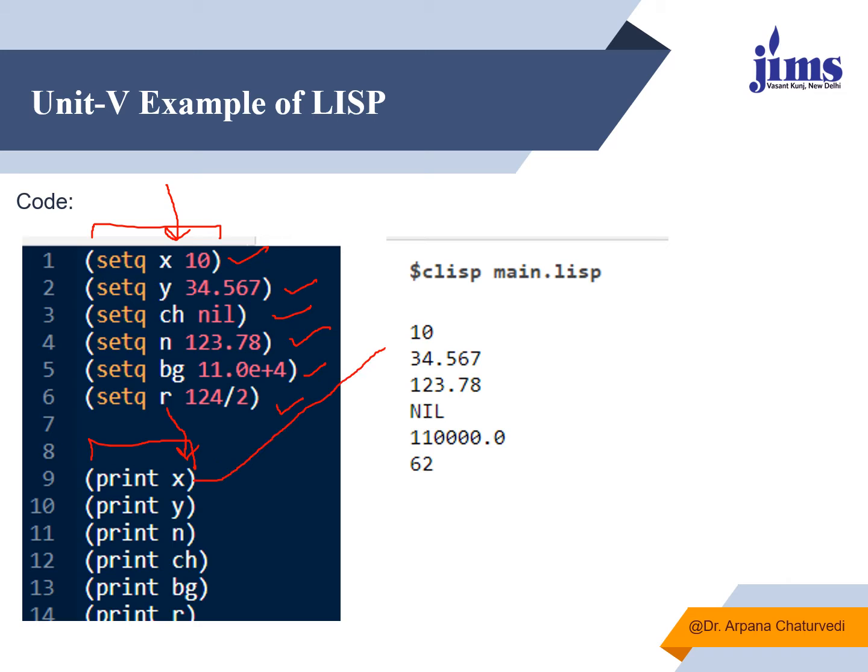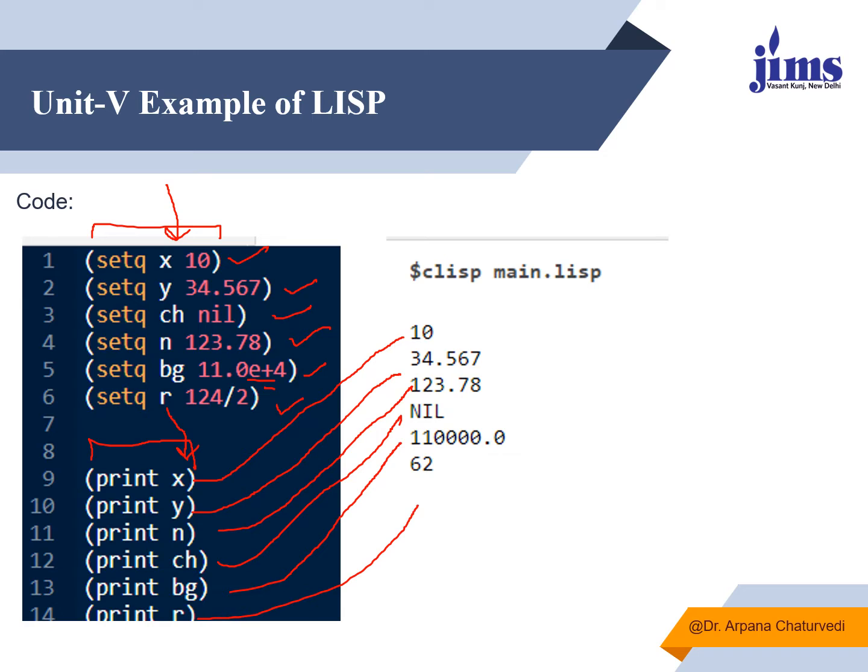We see that for x it's coming 10, for y 34.567, for n 123.78, for ch nil, for bg it's a big number. It's an exponential form, and it has been expanded over here.